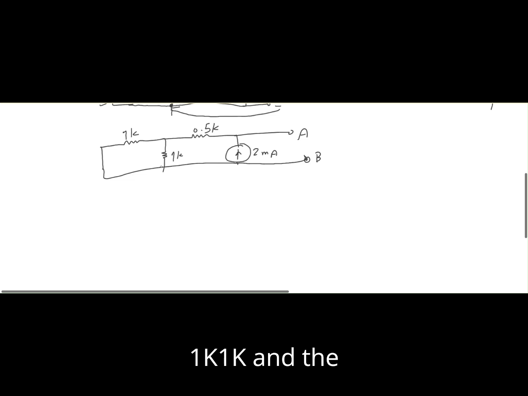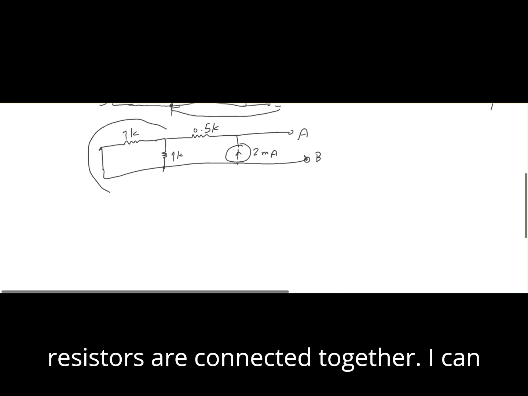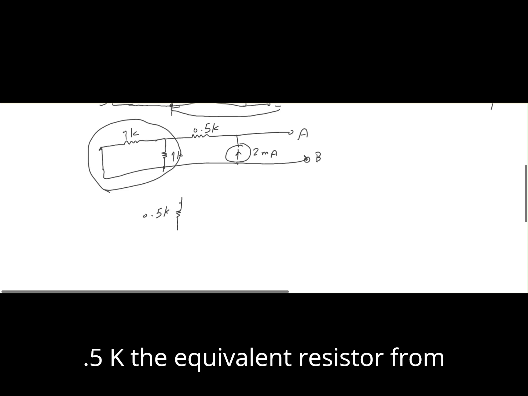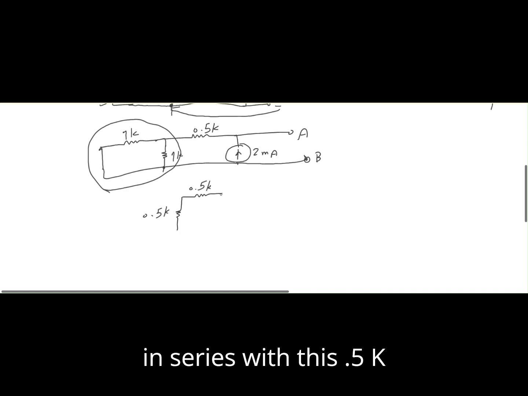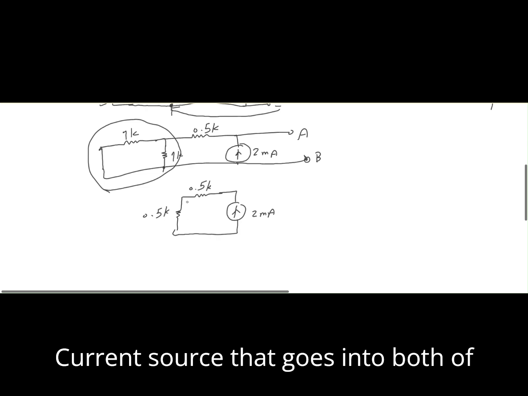I have 1K, 1K, and the heads and tails of these two resistors are connected together. I can simplify this. Two 1K resistors would be 0.5K, the equivalent resistor from here. And then this 0.5K is in series with this 0.5K. And then I have a 2 milliamp current source that goes into both of them.